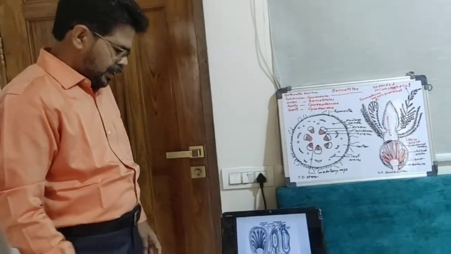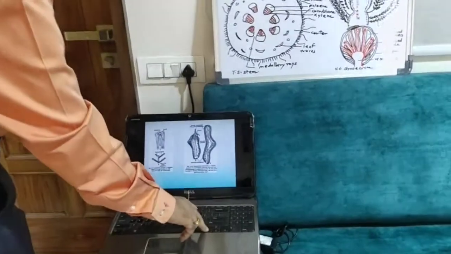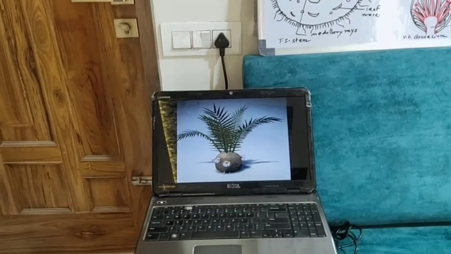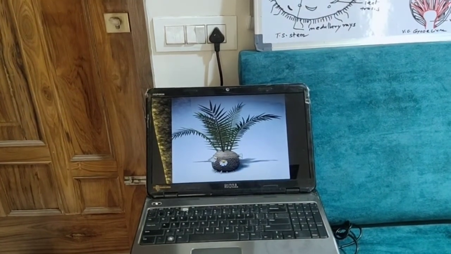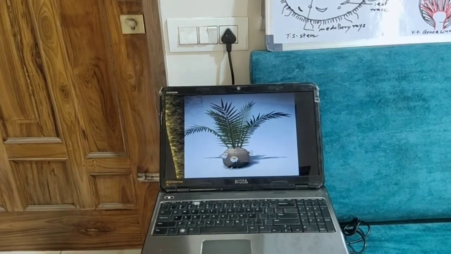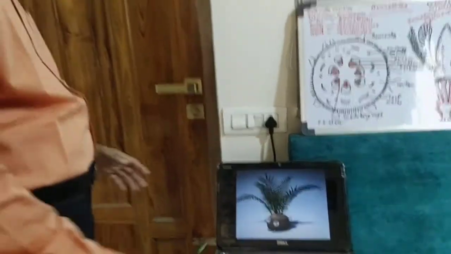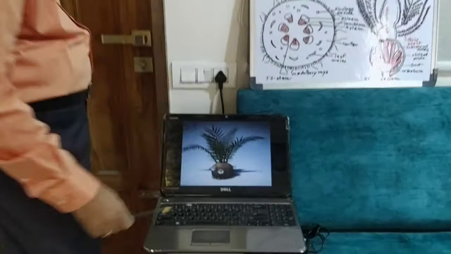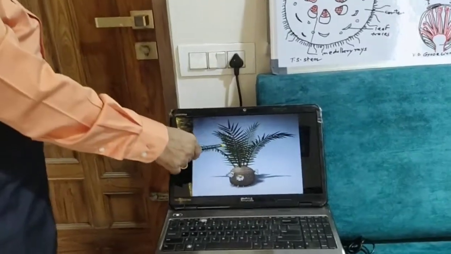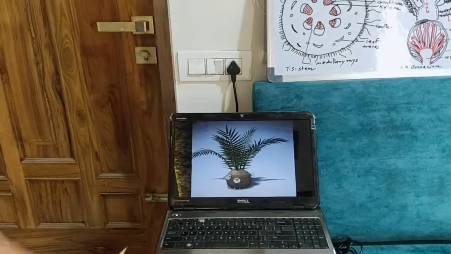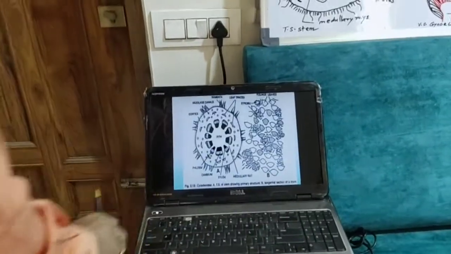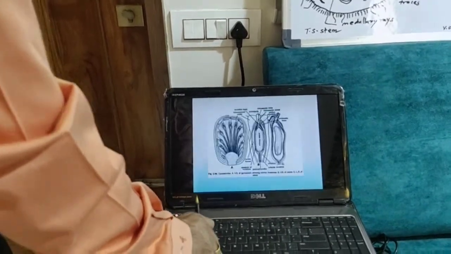This fossil gymnosperm was just like today's gymnosperm Cycas. It had a stout stem like this, it had branching, and it had the leaves on the upper side.